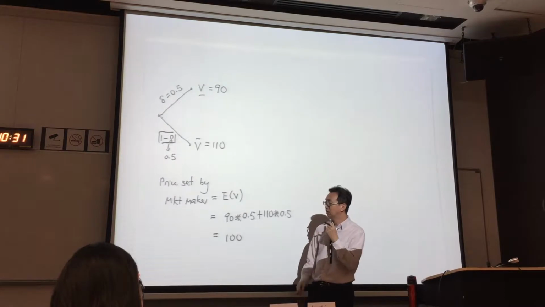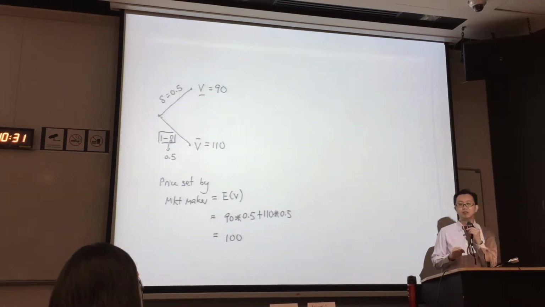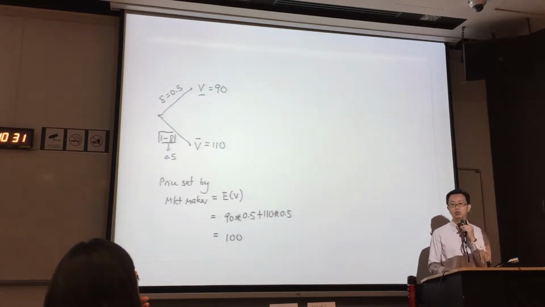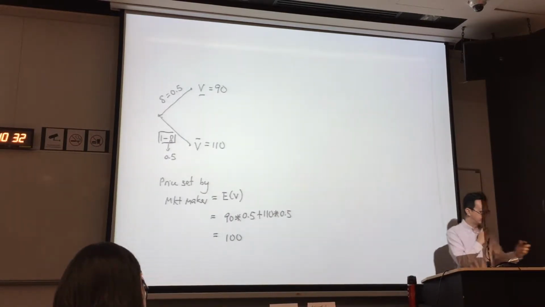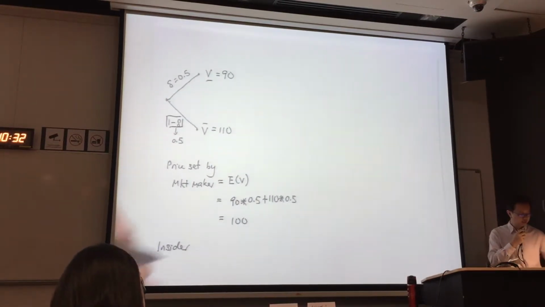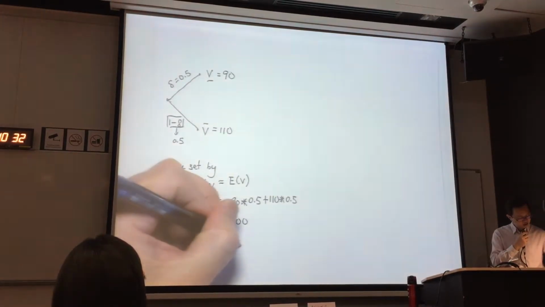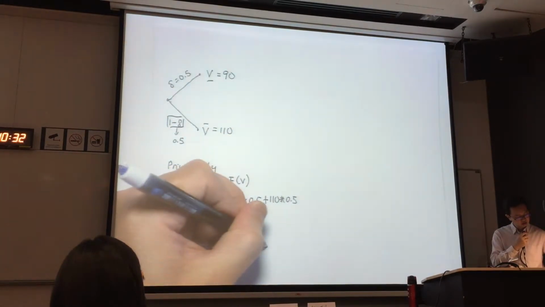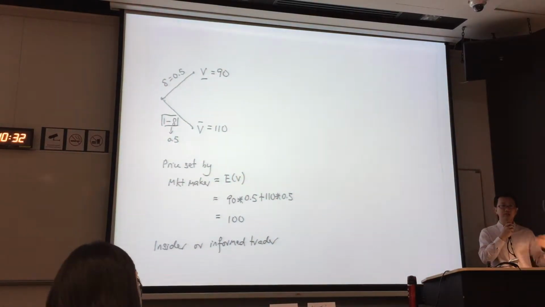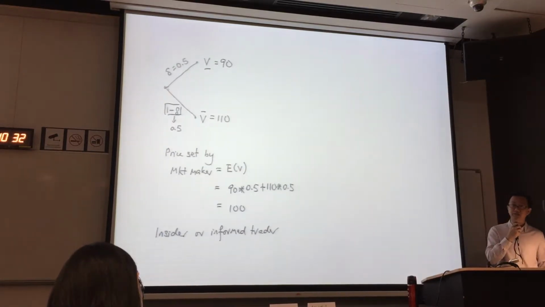But there is potential trading executed by insiders. So who are insiders? Also known as informed traders. Wherever I use the word insiders, it means informed traders, and similarly, if I use the word informed traders, it means insiders.